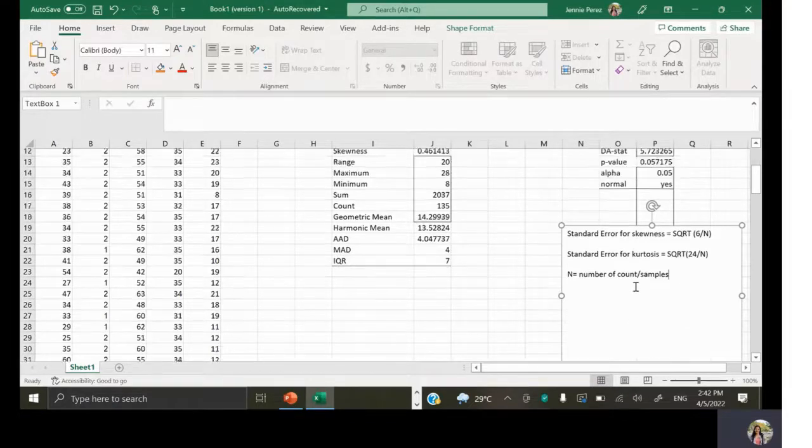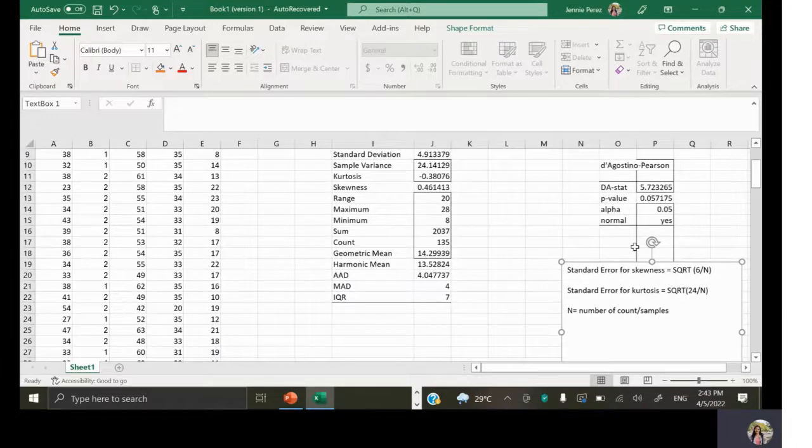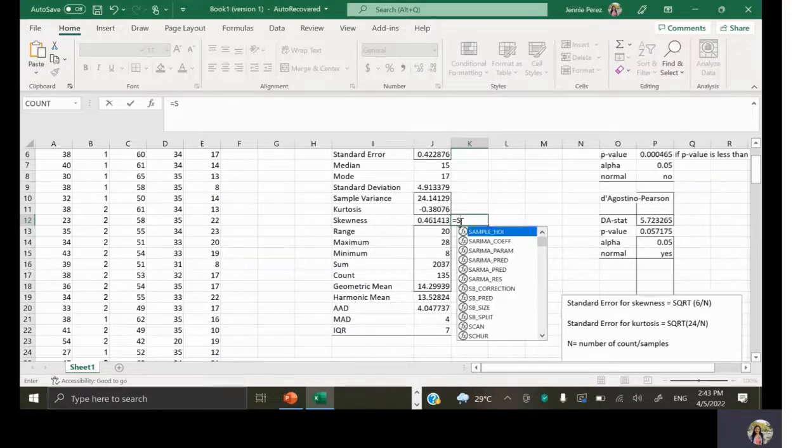So in this particular example, we have 135. We will look at either of the values for skewness and kurtosis. So let us see the standard error for skewness, square root of 6 over n. I will have an equal sign here. If you put in a formula, make sure that you start with an equal sign, then square root.